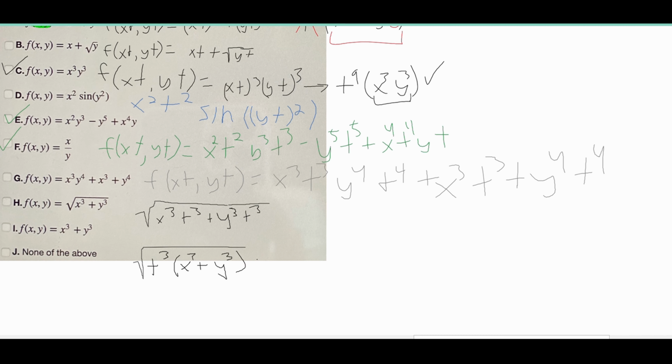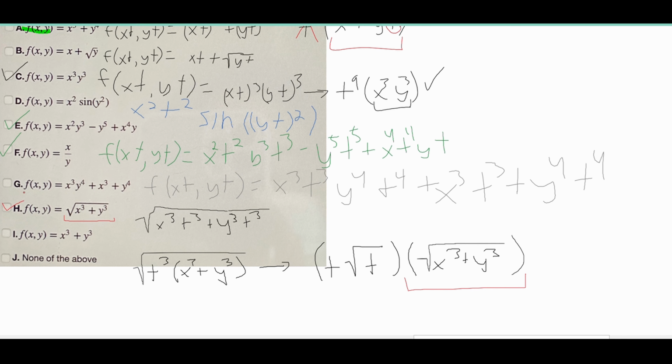If we do this, we can then take the square root of our t and move it away from our function. We'll have t to the square root of t, and this is all by itself being multiplied by the square root of x cubed plus y cubed. In doing this, we see that we have the original equation right here. It matches what we were given. So that means h is a homogeneous function.